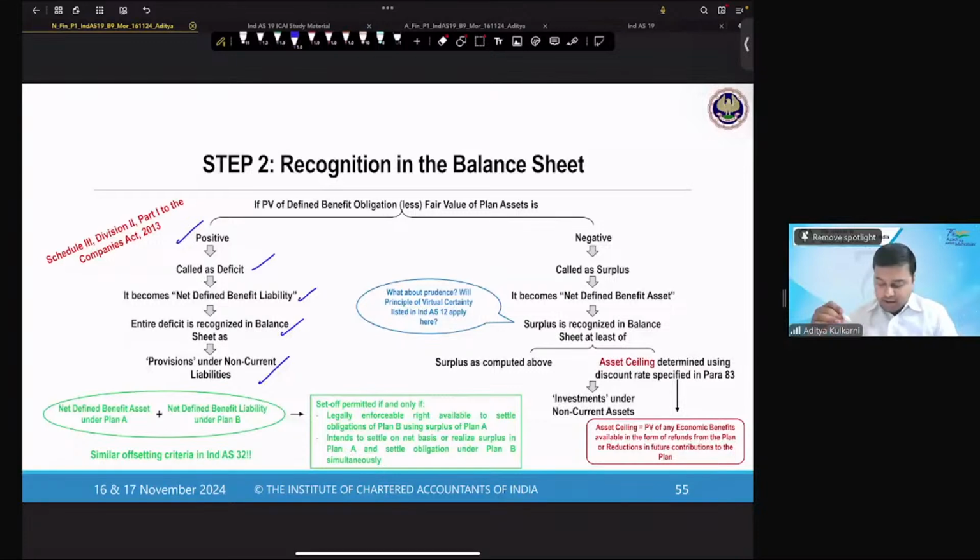This is permitted only if it is legally permissible to use the surplus here to meet the deficit in that plan, and it intends to settle the obligation and realize the surplus on a simultaneous basis. This is what is there in your Ind AS 32 as well when we talk about setting off financial liabilities against financial assets. Have you understood this part?